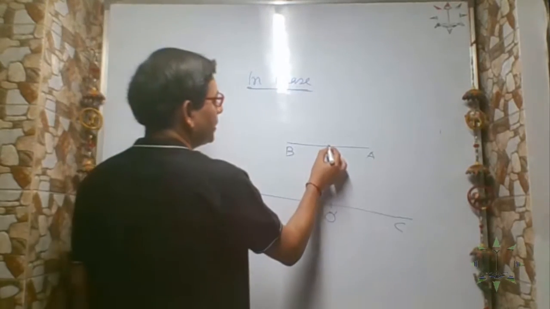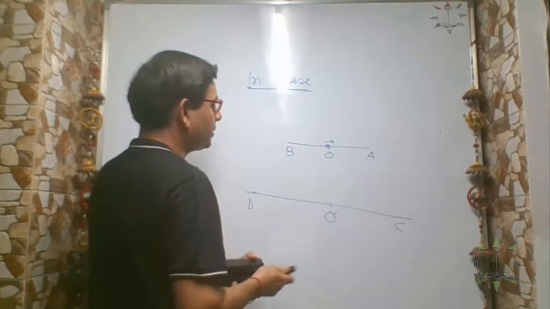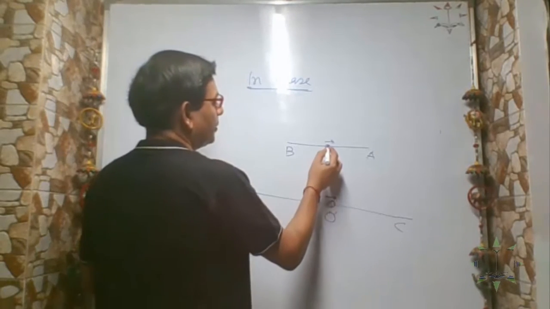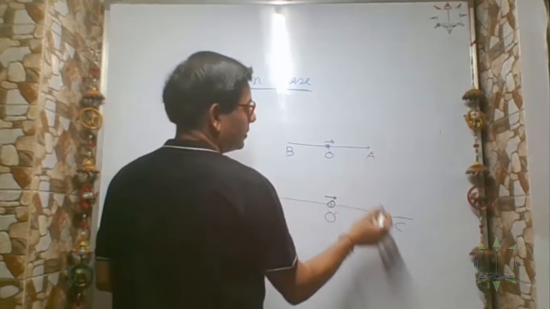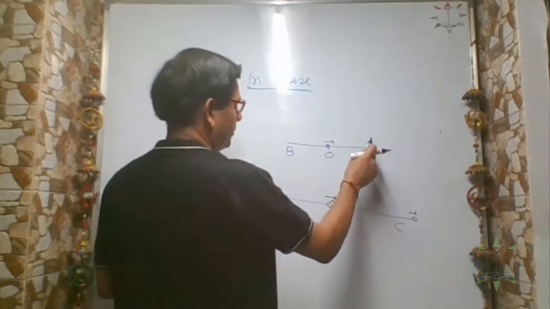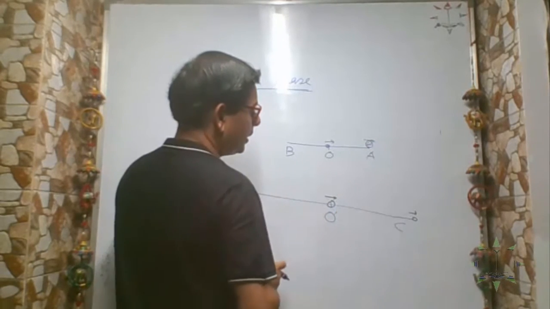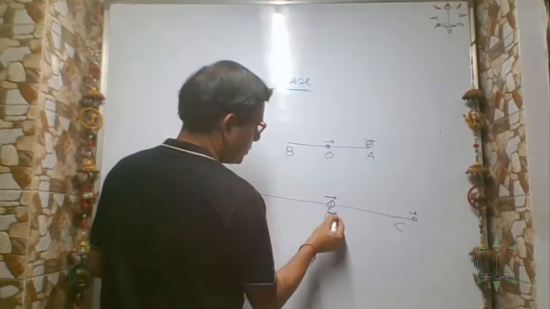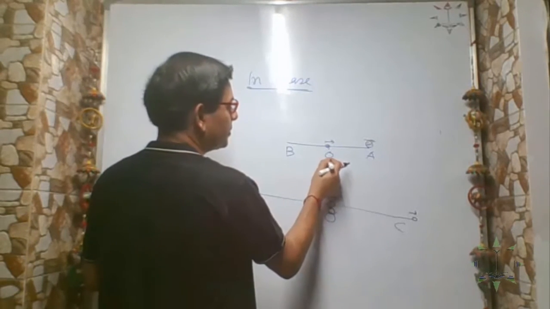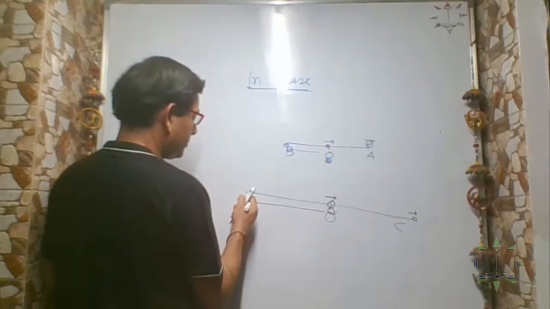Now this particle starts from this position, and the second particle also starts from this position. The first particle goes here, second particle goes here at the same time. Again the first particle comes back to its position, second particle also at the same time comes to this position. Again it goes here, second particle also goes here.